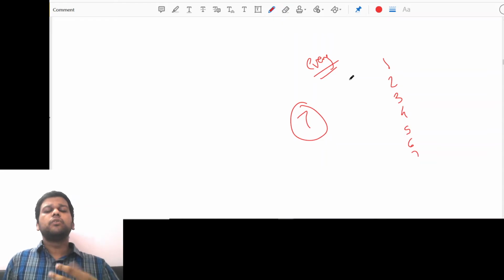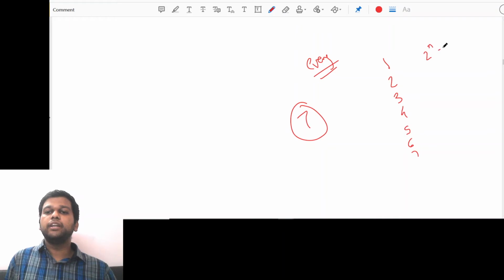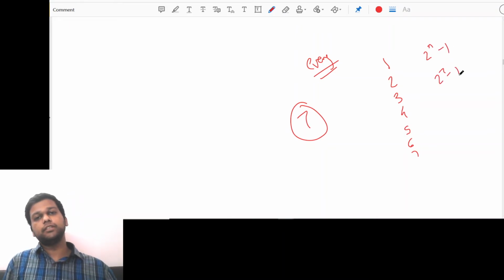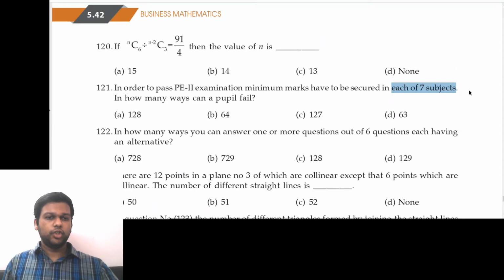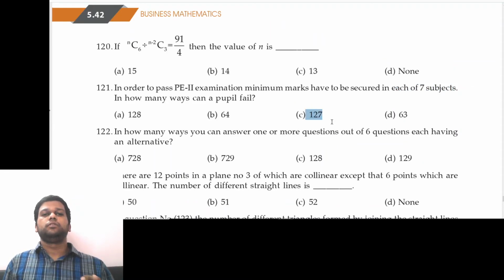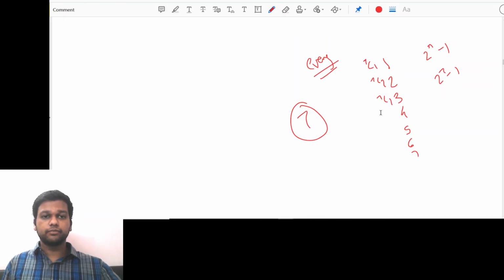So what is the formula for picking any number of items out of 7 items? 2 raised to n minus 1. So 2 raised to 7 minus 1 is how much? 127. Option C. Or if you don't remember this formula, you can also do 7C1 plus 7C2 plus 7C3 and so on. That will give you the same answer.